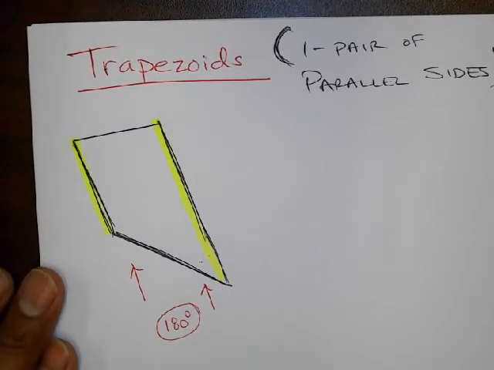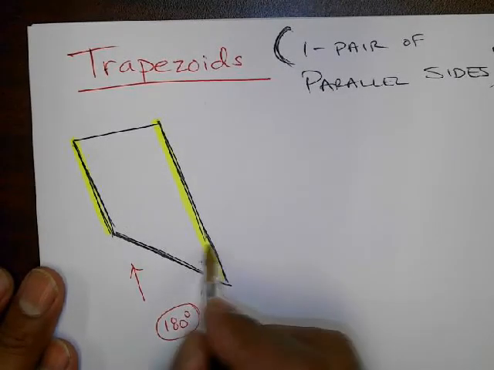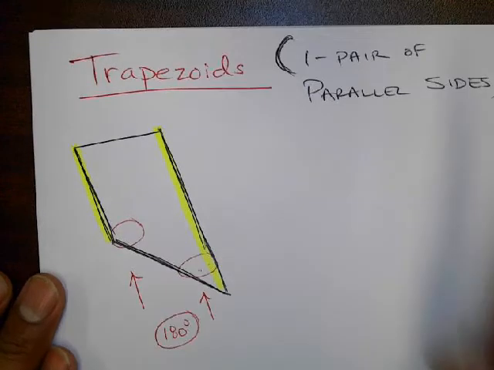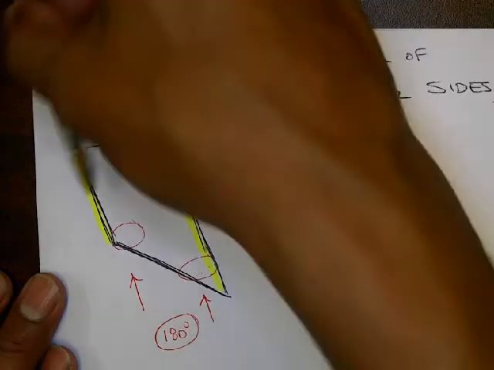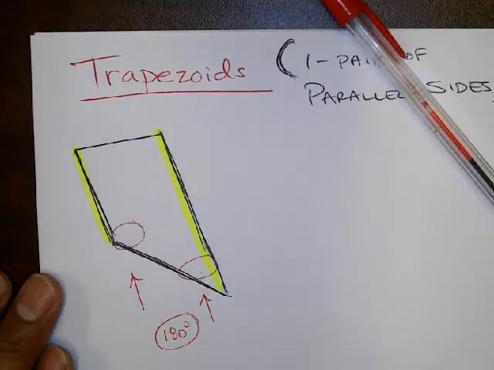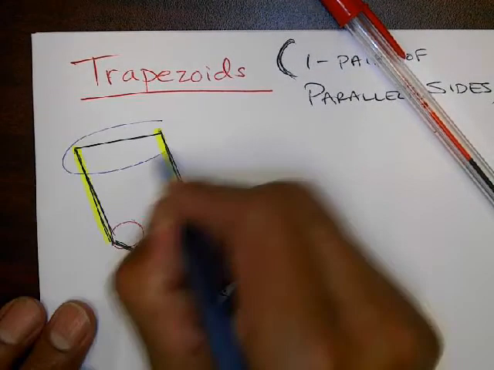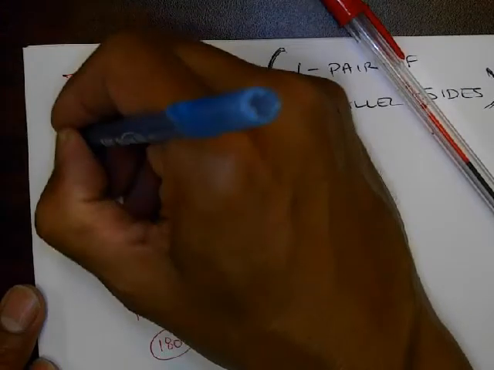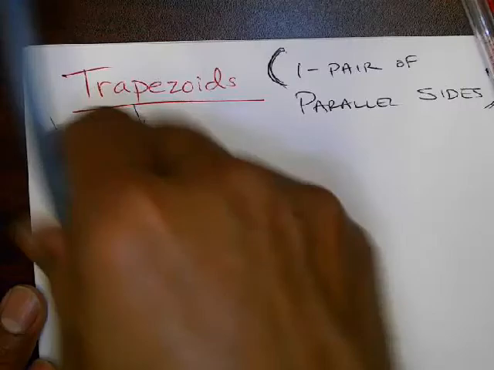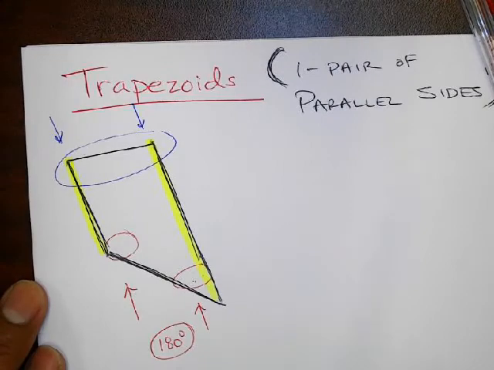Okay. Whatever it is, it's going to add up to 180. So these two angles add up to 180. Or they might give you an angle over here, and these two also add up to 180 because it's going this way, right?